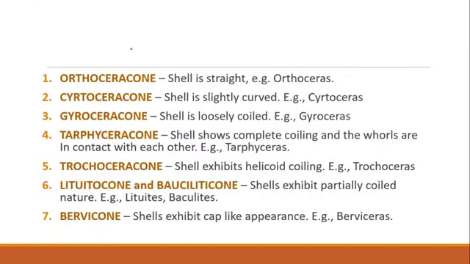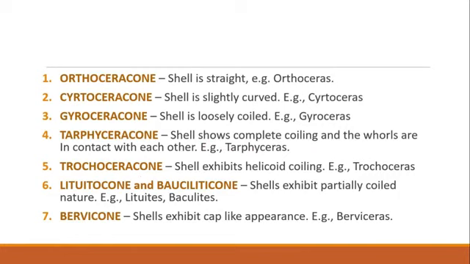Now in this slide, I have listed all the important shell forms with the definitions and the examples. Orthoceracone, the shell is straight, example is Orthoceras. Certoceracone, the shell is slightly curved, example is Certoceras. Gyroceracone, the shell is loosely coiled, example is Gyroceras. Turficeracone, it shows complete coiling and the whorls are in contact with each other, example is Turficeras.